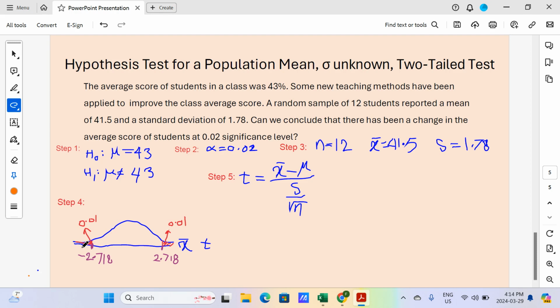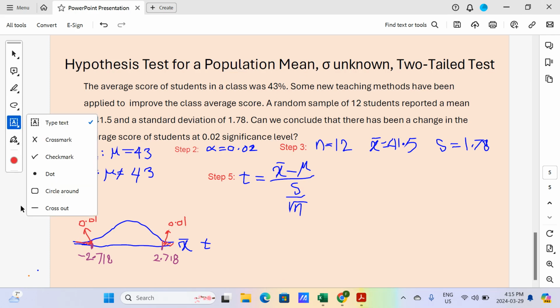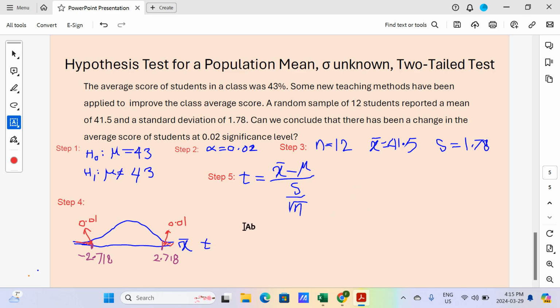It's in the tail. The t-value of x bar falls within the rejection region. So what is the conclusion? We need to reject H0. When the t-value of x bar falls in the rejection region, we reject H0. Now it's time to make the conclusion.